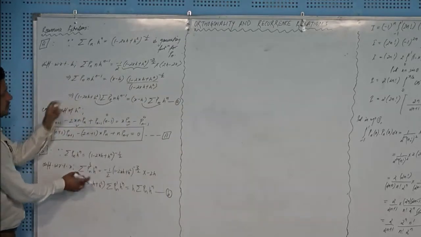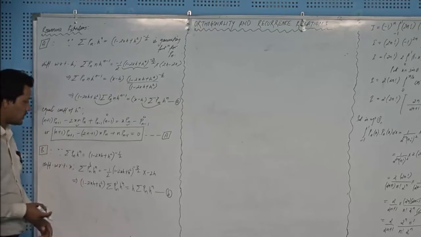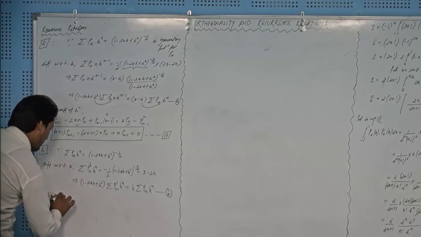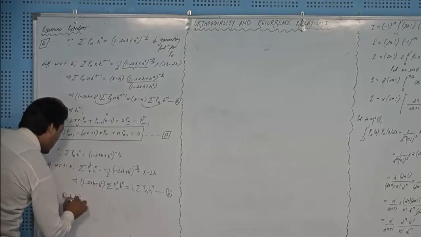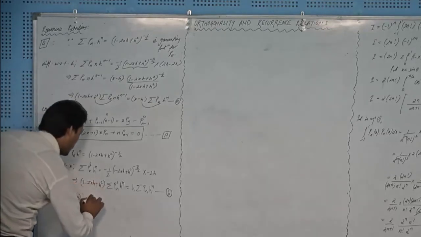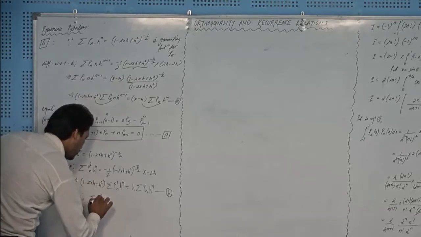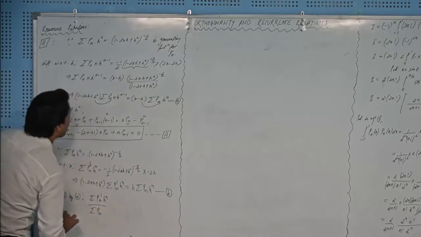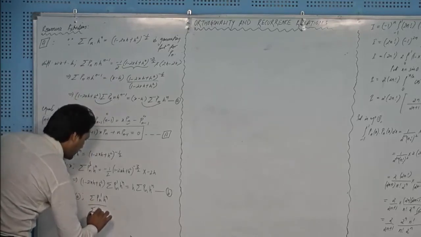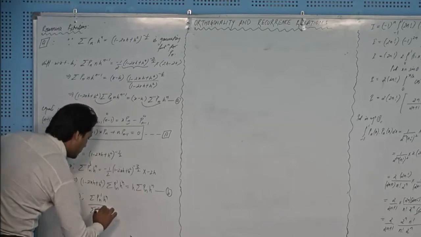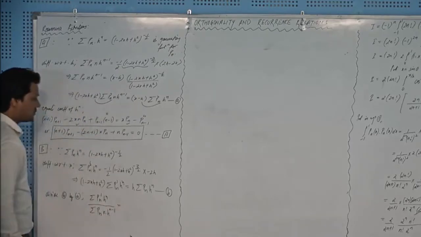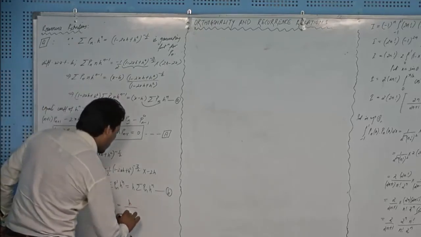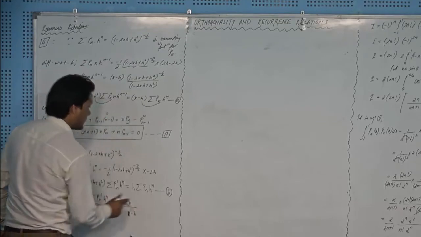So that this factor will be cancelled out, and we'll obtain a new recurrence relation, right? So divide B by A, that will give you summation Pn dash h to the power n divided by summation n Pn h to the power n minus 1 equal to this upon this, so h upon (x - h), and this will be cancelled.